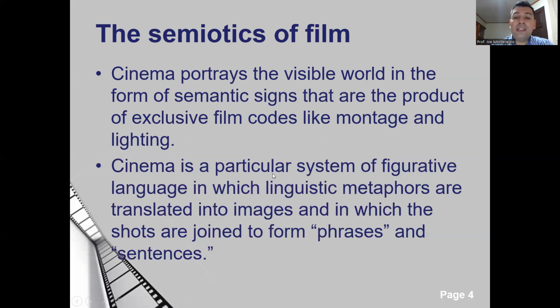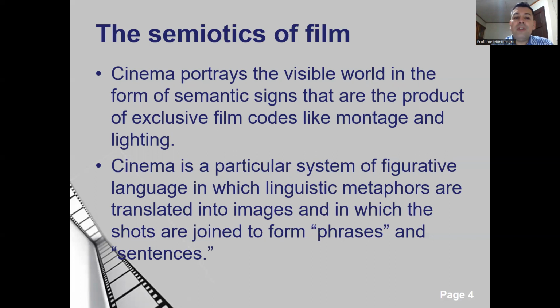Cinema is a particular system of figurative language. It's figurative because sometimes lighting, going back to the example of lighting, is used metaphorically. Light may be used to symbolize goodness or clarity of mind, whereas darkness may symbolize evil or mystery or fear.